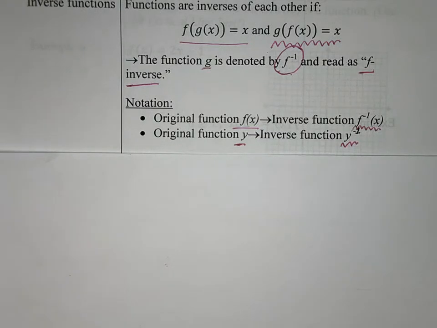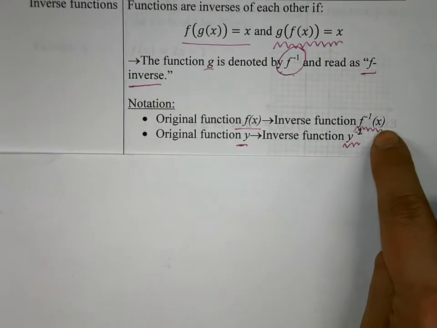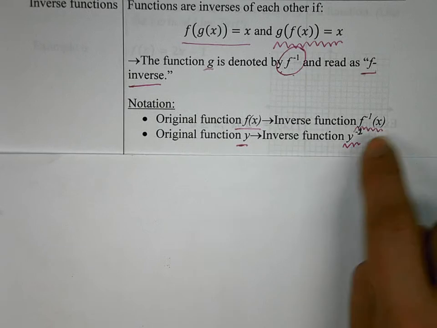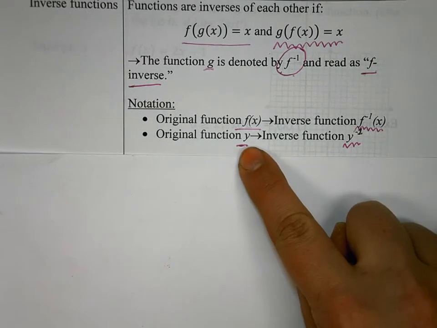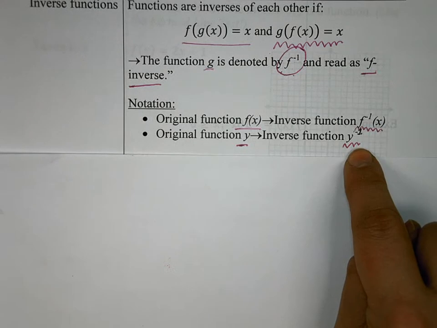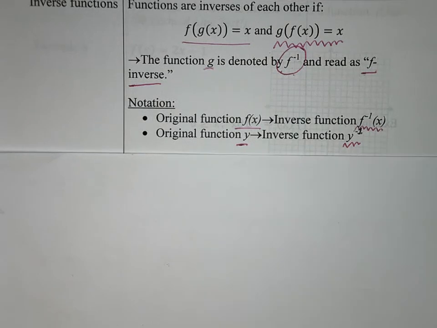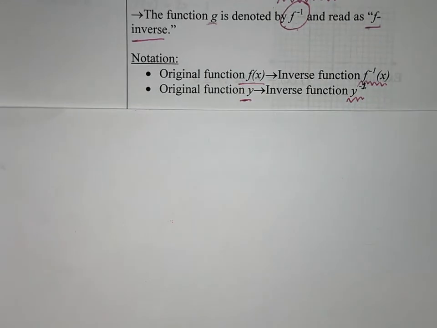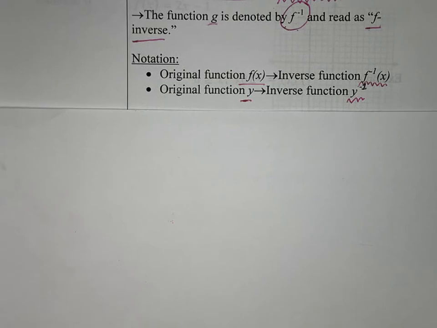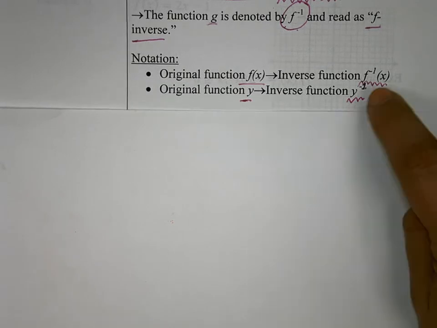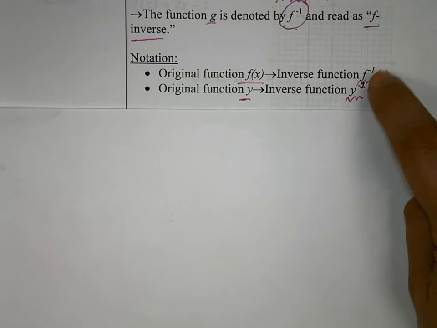Okay, so if our function is f of x, we write the inverse f inverse of x. If our original function is given in terms of y, which can also happen, we write our inverse as y inverse. Is that a -1? It is. So this should be a -1 also. Both of them are -1.